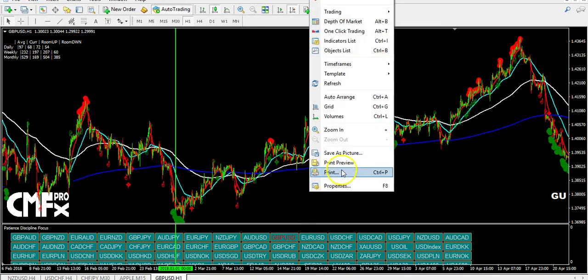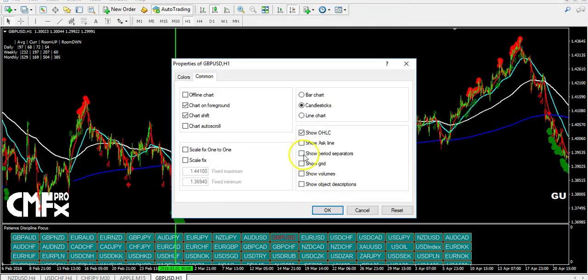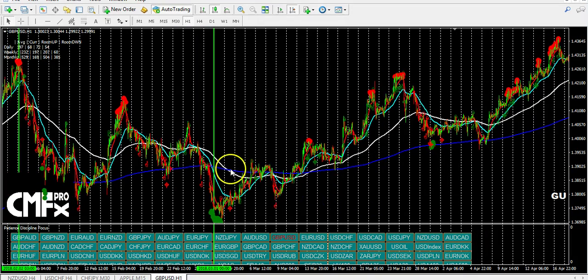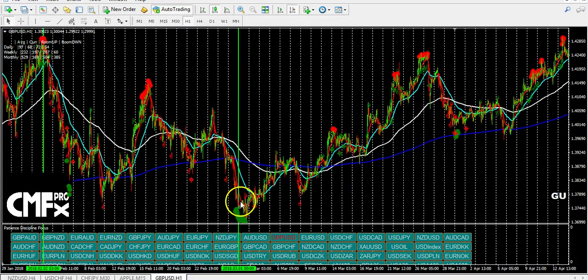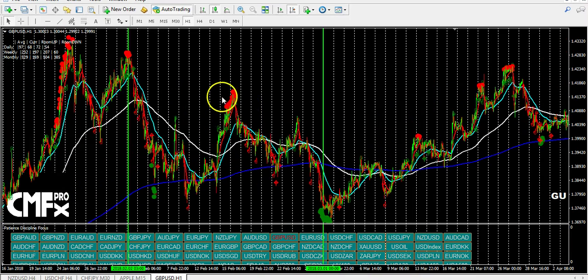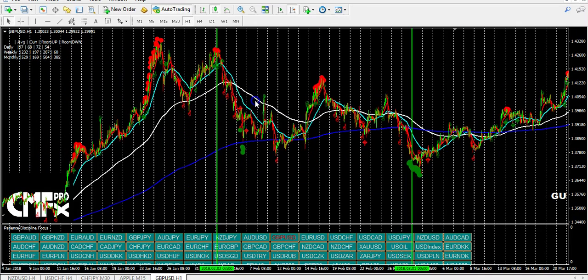I'll put the period separators in here, and you will actually see the midweek reversals start showing up. You know, all these midweek reversals, how many days down, how many days up, down, up, how many days this is. It's about 5 days. It goes back up another 6 days.